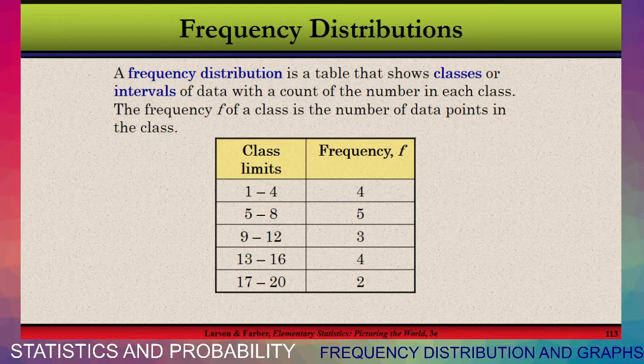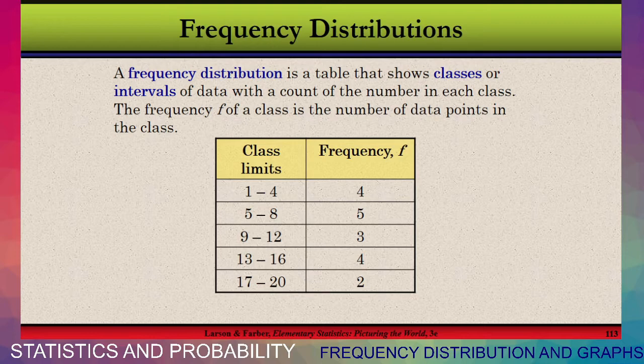For example, in our table we have class limits and the frequency. The interval, as I told you earlier, is the total number of our class limits. From 1 to 4, let's count 1, 2, 3, 4. So our interval is 4.